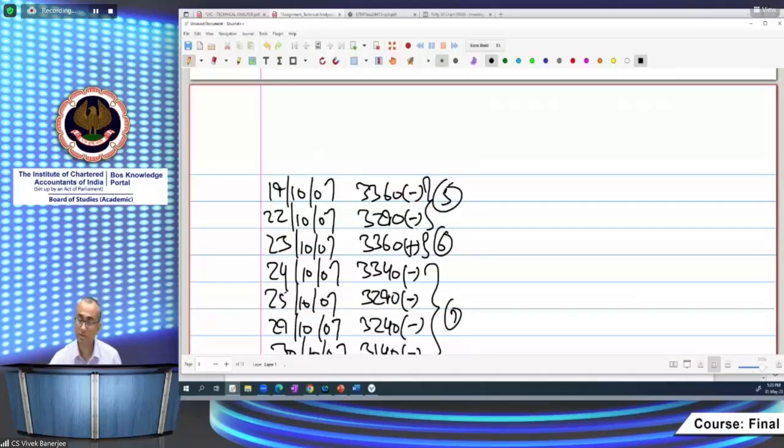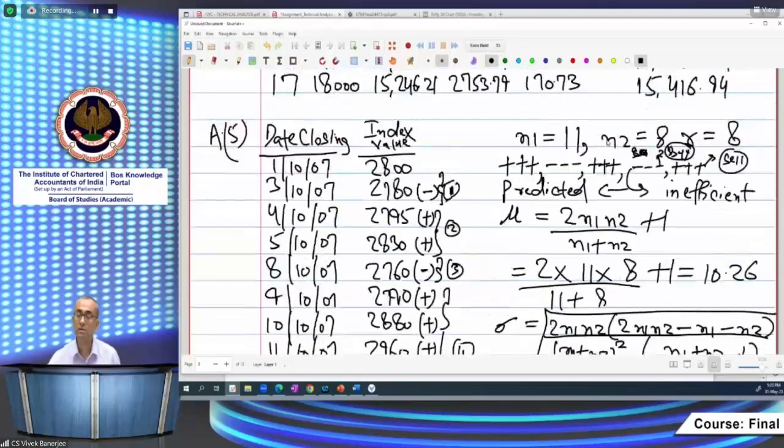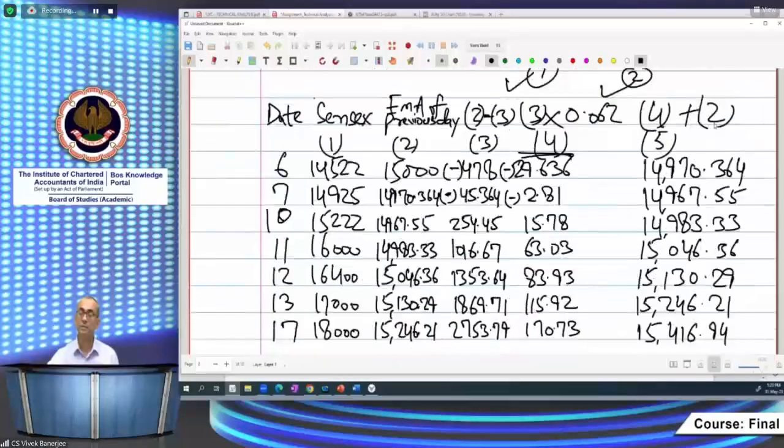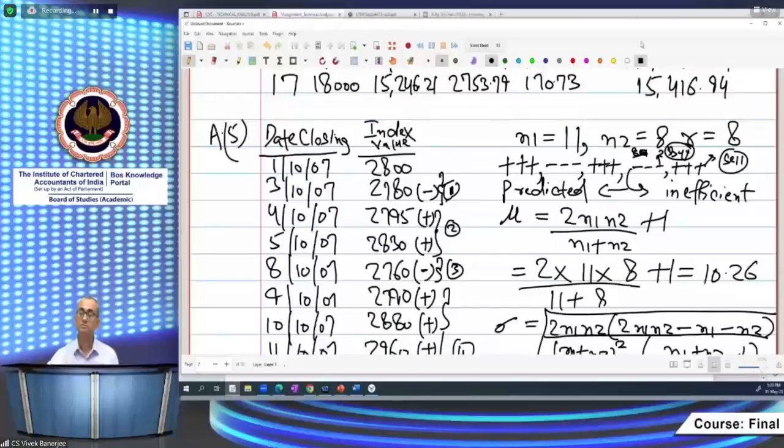What have we calculated till now? N1 is 11: 11 times the share index has increased, a positive figure. N2 is 8: 8 times the Sensex has come down, a negative figure. R is the number of runs, the number of times the Sensex has changed direction from negative to positive or positive to negative.